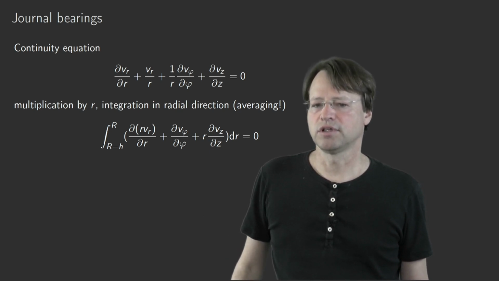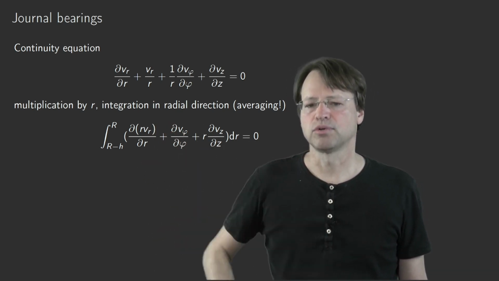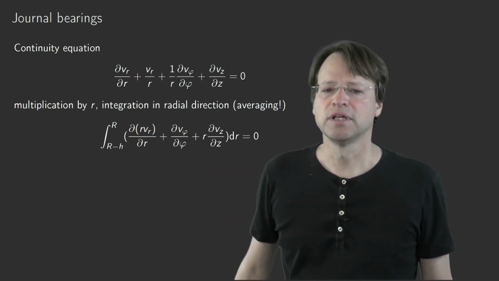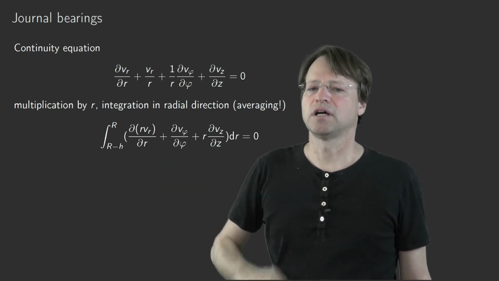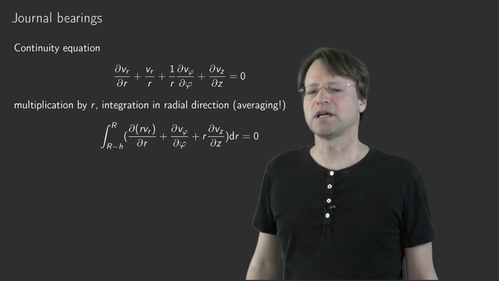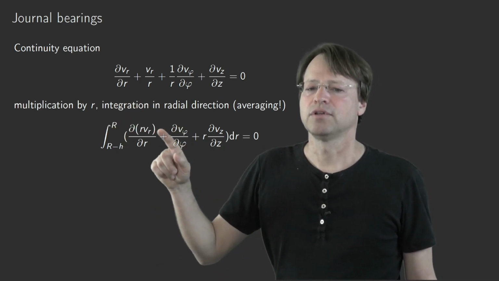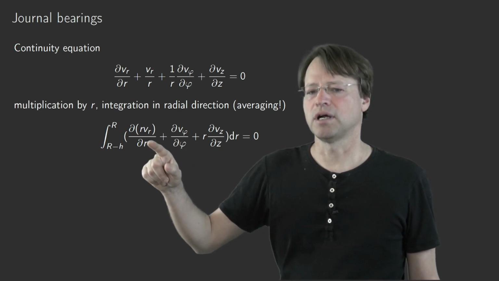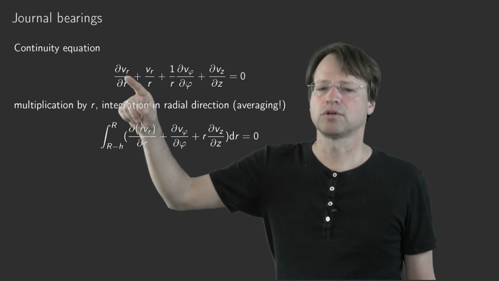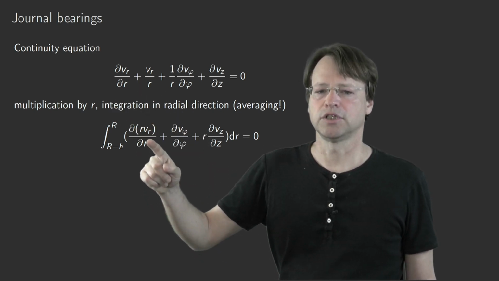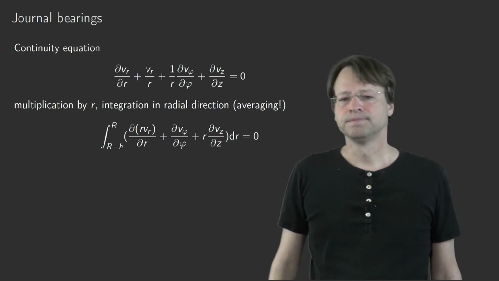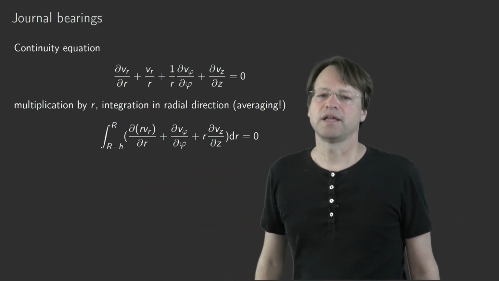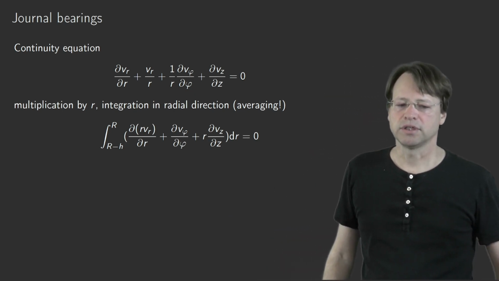If you take the derivative with respect to the first factor r, then you obtain the second term, namely just v sub r. Keep in mind we multiplied the whole equation by r. And if you then take the derivative with respect to the second part, v sub r, then you obtain exactly this term multiplied by r, which is here. Okay, so we summarize these two terms in one term, and that's the averaged continuity equation.